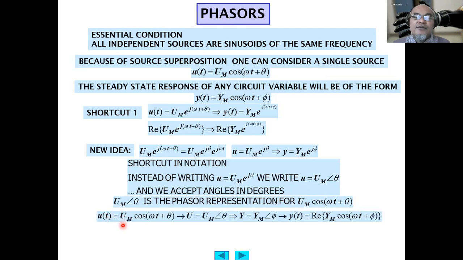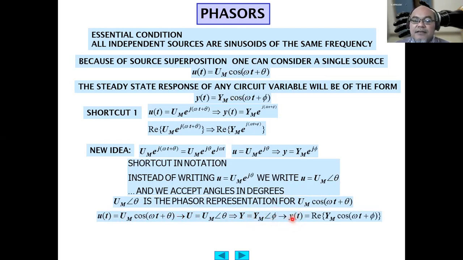So the small u(t) equals Um cosine(omega t plus theta), the phasor U equals Um with phase angle theta, and the response Y equals Ym, the magnitude, with phase angle phi.